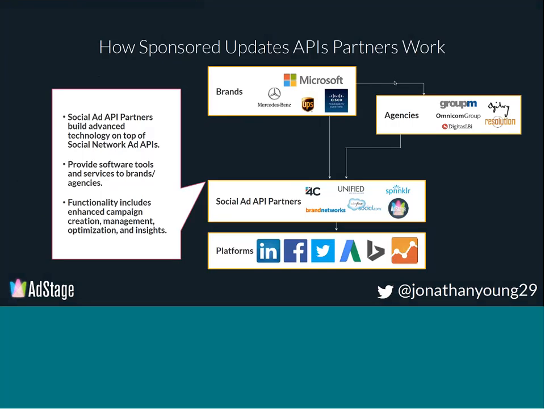Before we dive into the meat of today, I just wanted to give you a high-level understanding of how our sponsored updates and ads partner API partners work. Essentially, if you haven't worked with them before, these are third-party companies like AdStage who are building advanced technology on top of our APIs as well as other platforms, both social and search.